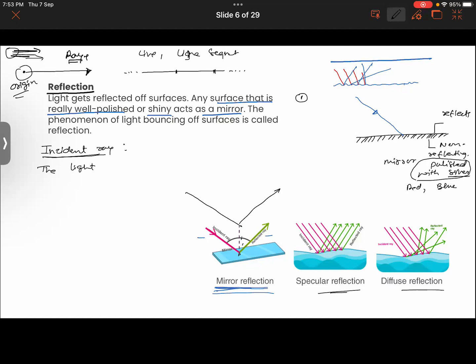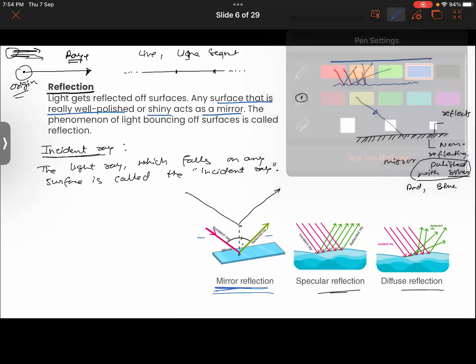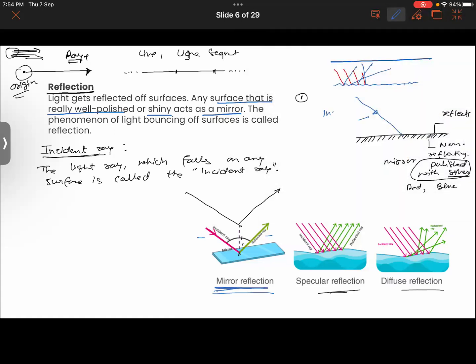So the light ray which falls on any surface is called what? It's called the incident ray. Is that clear? So see here, this ray will be called the incident ray.